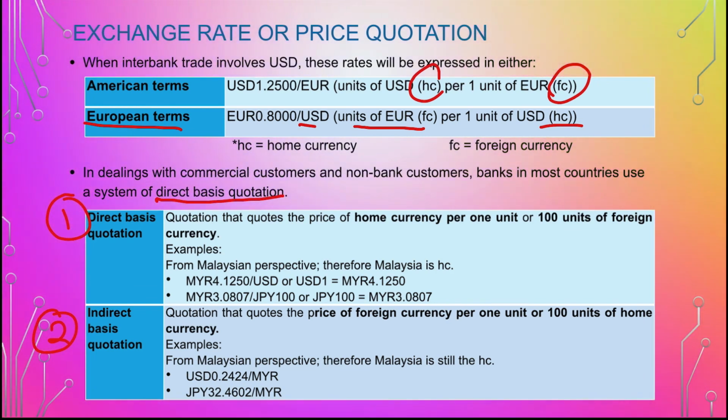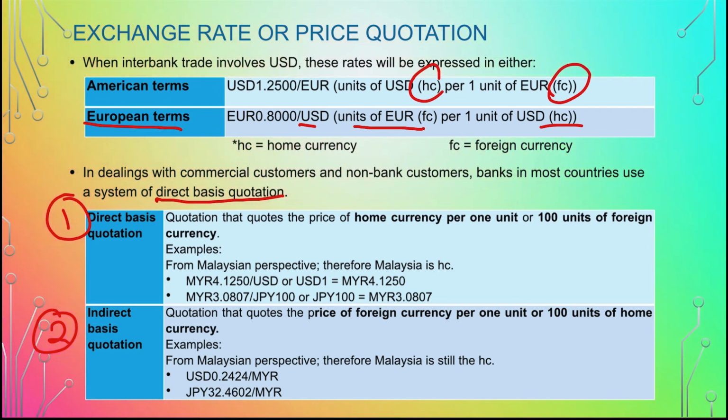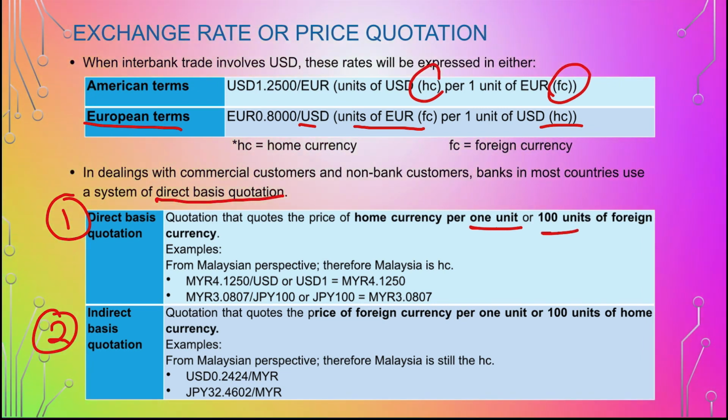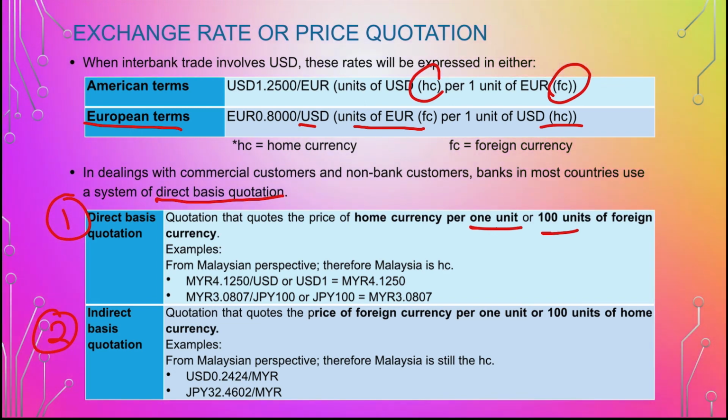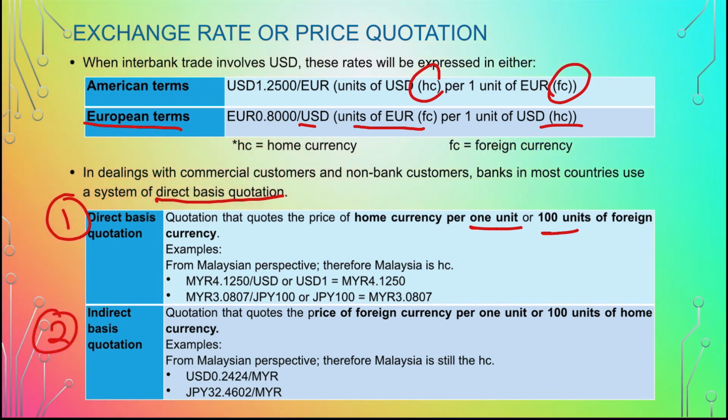For direct basis, quotation that quotes the price of home currency per 1 unit, for example, 1 US dollar, 1 euro, 1 pound sterling, or 100 units of foreign currency. Some countries use 100 units, for example, Japanese yen, Thai baht, Indian rupees, and also Indonesian rupiah.